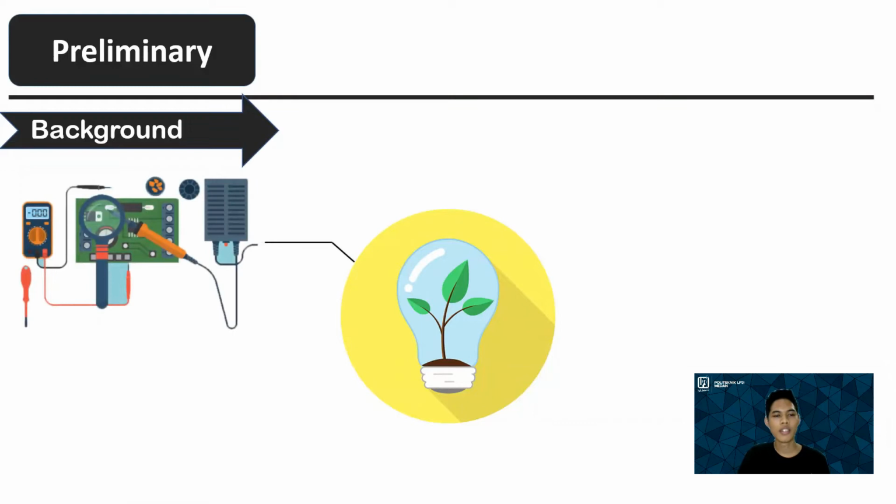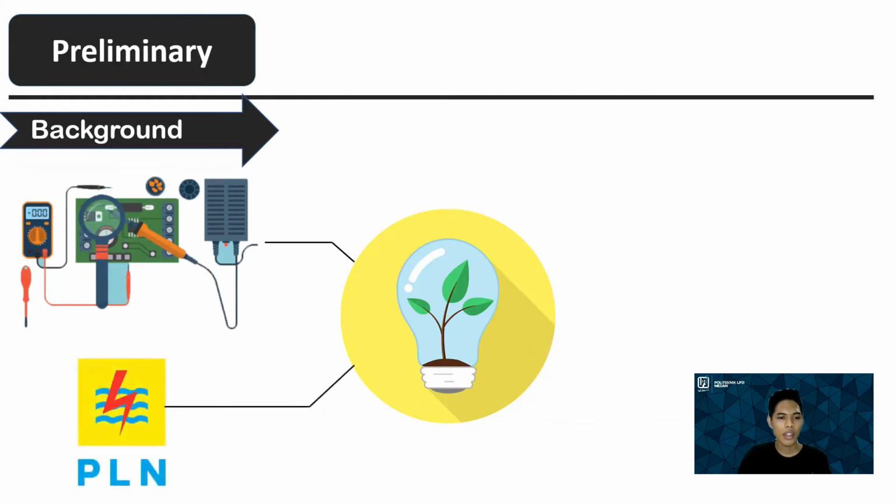In this era, there are a lot of electronic products that we use to help us do things, and those electronic devices use electricity to run. The electricity comes from the electric company, and sometimes the electric company shuts down the electricity, which disturbs us when we use our electronic devices.